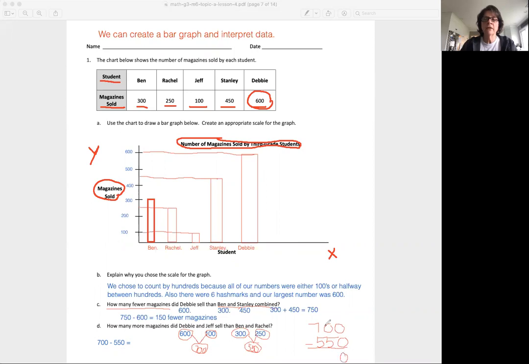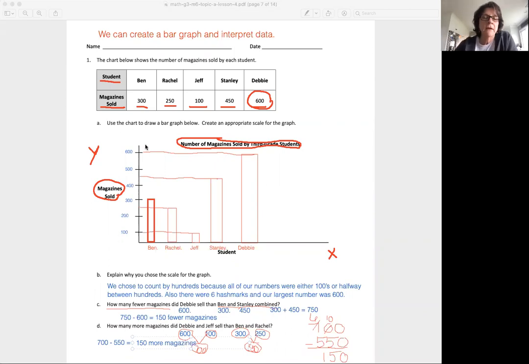You can't take 5 tens from 0 tens, so you must regroup. 700s become 600s. Good news is we now have 10 tens. 10 tens minus 5 tens gives us 5 tens. And last but not least, we subtract the hundreds. 600s minus 500s equals 100. So our answer over here is 700 minus 550 equals 150 more magazines.